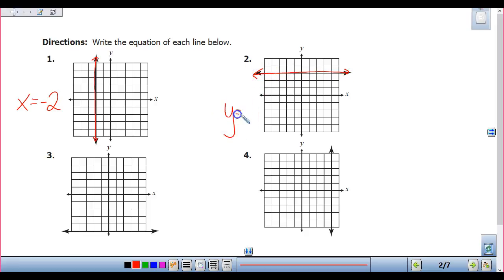Y equals 3. Number 3, x equals or y equals? Y equals -5. And number 4, x equals or y equals? X equals 4. Alright, you guys do 5 and 6.